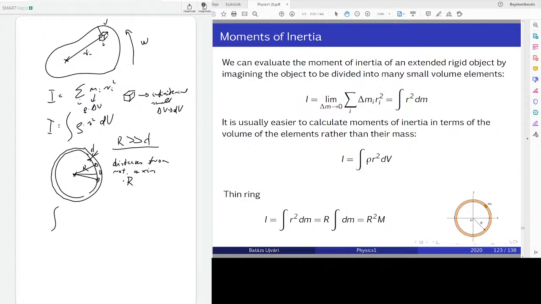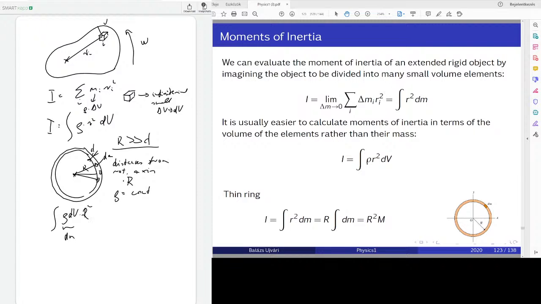Alright, so in this case, rho delta V is the so-called mass of this body, and of course rho is a constant, times r squared.